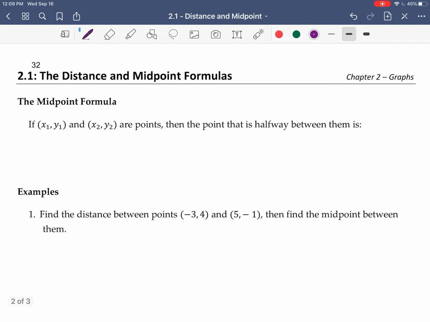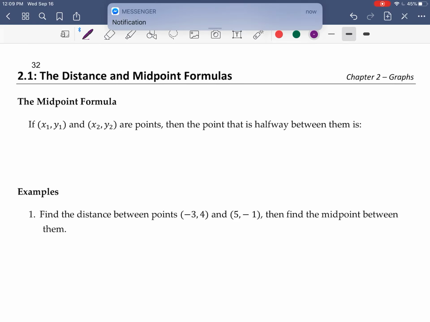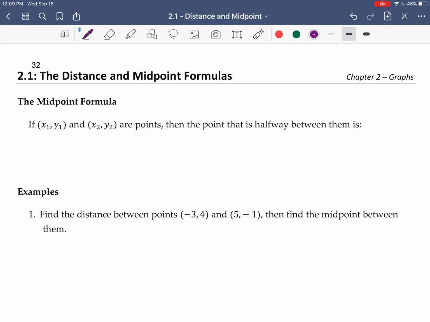We also have this idea of the midpoint between 2 points. Okay, so if you have these 2 points, x1, y1, and x2, y2, halfway between them, we're going to have the midpoint.